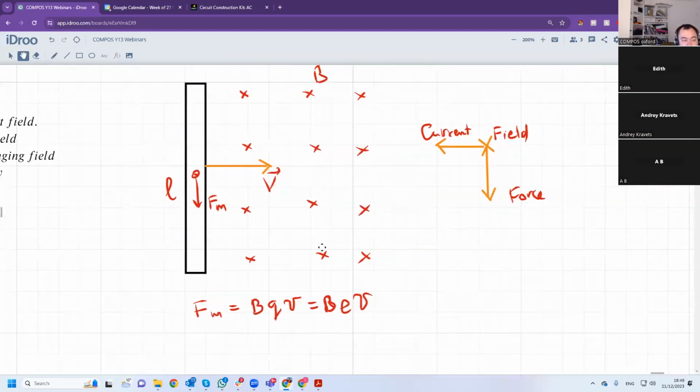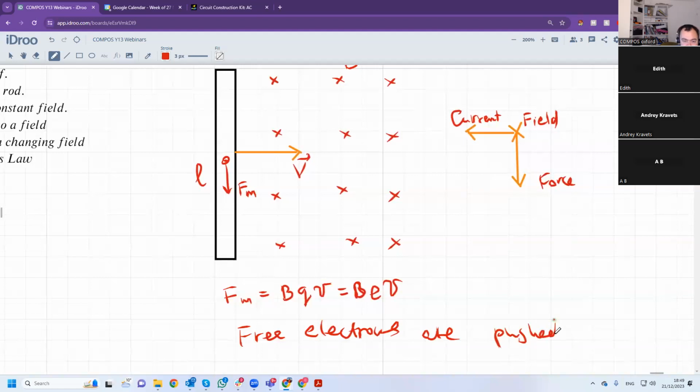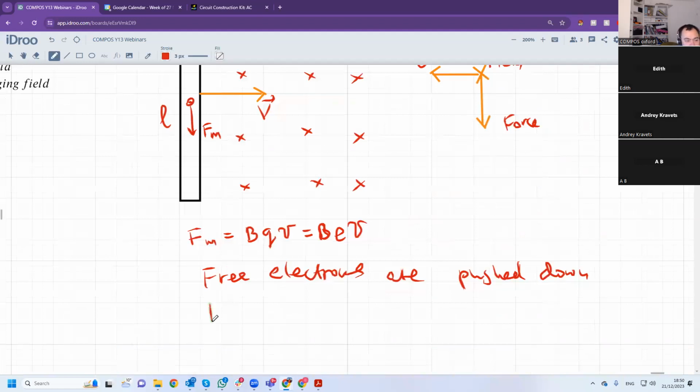Because the electrons are being pushed down, that means the free electrons will gather on the bottom of the rod. They are pushed down by the magnetic field.